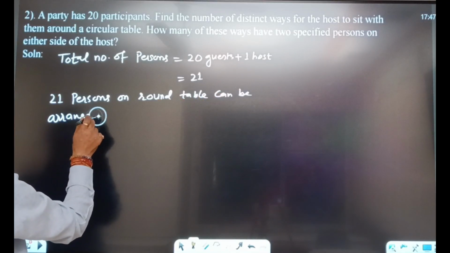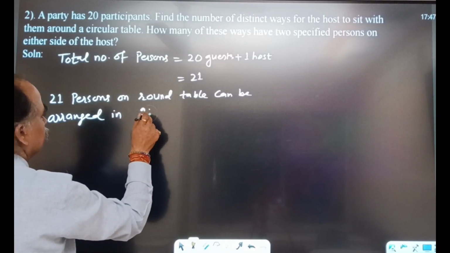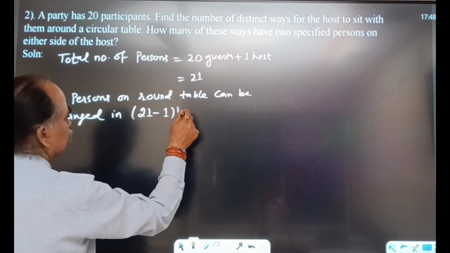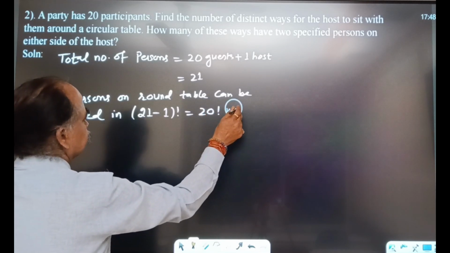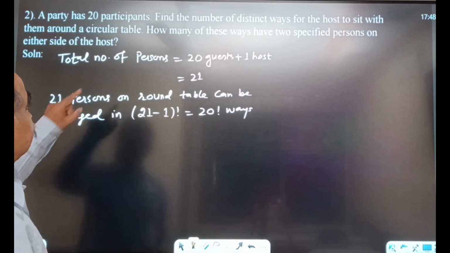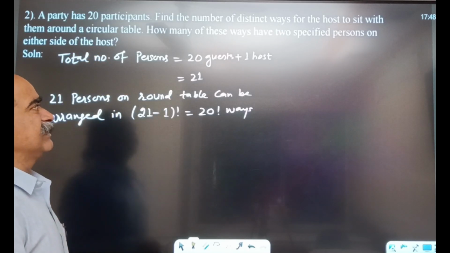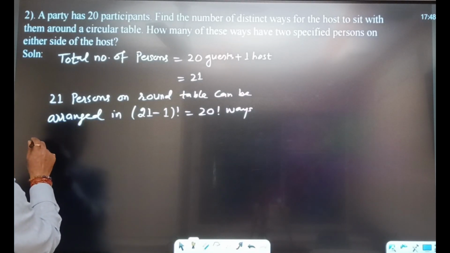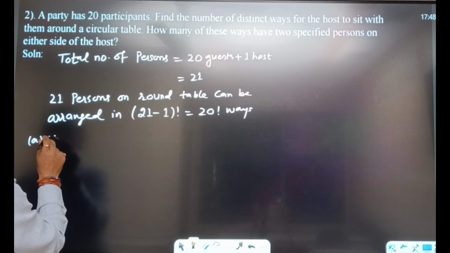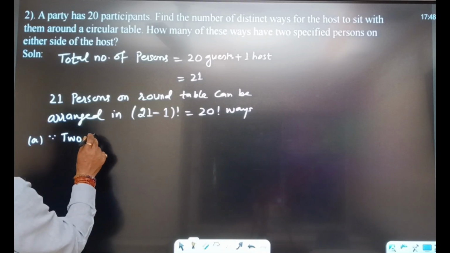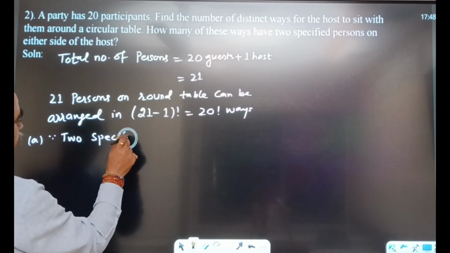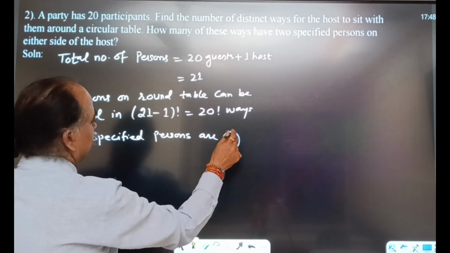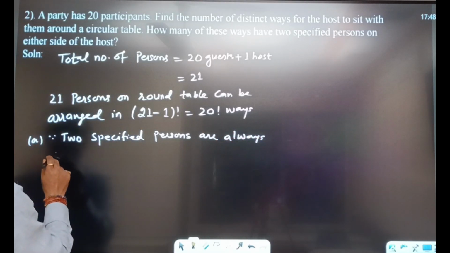Therefore, one group plus 18 other guests is equal to 19 on a round table can be arranged in 19 minus 1 factorial, which is equal to 18 factorial ways.